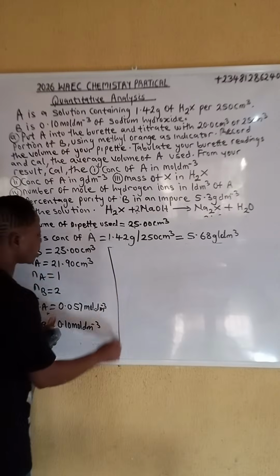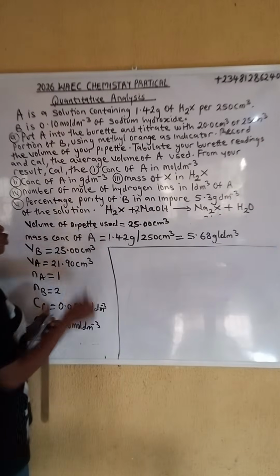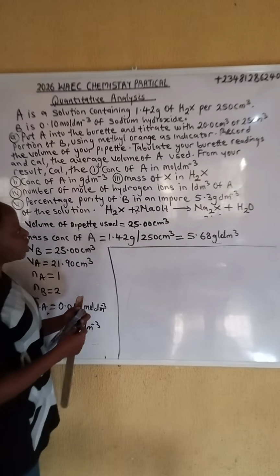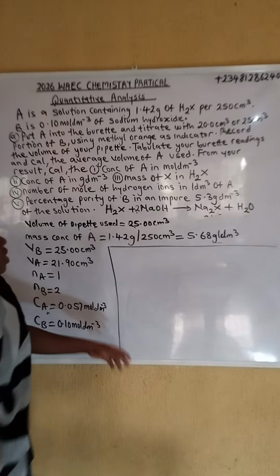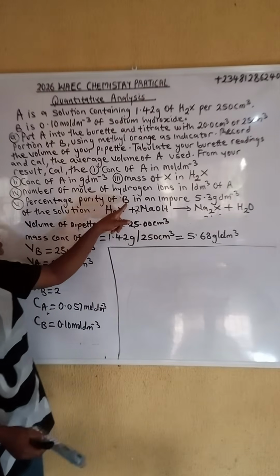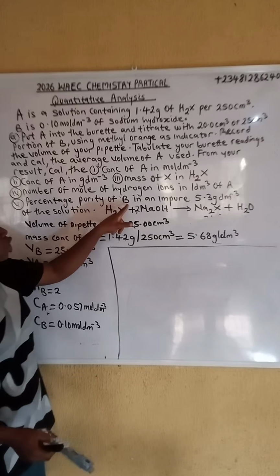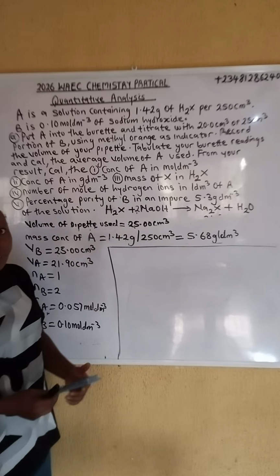The last question says: calculate the percentage purity of B in an impure 5.3 grams per dm cube of the solution. That is the percentage purity of sodium hydroxide. B is sodium hydroxide.